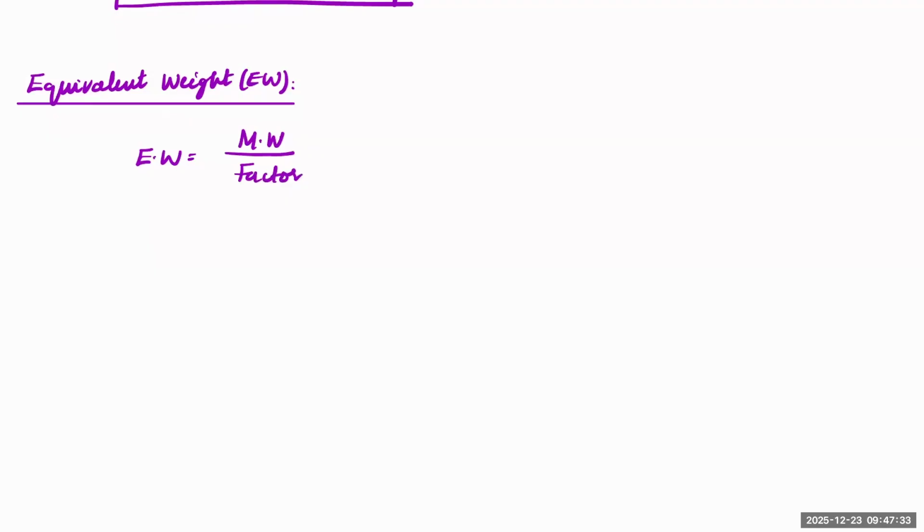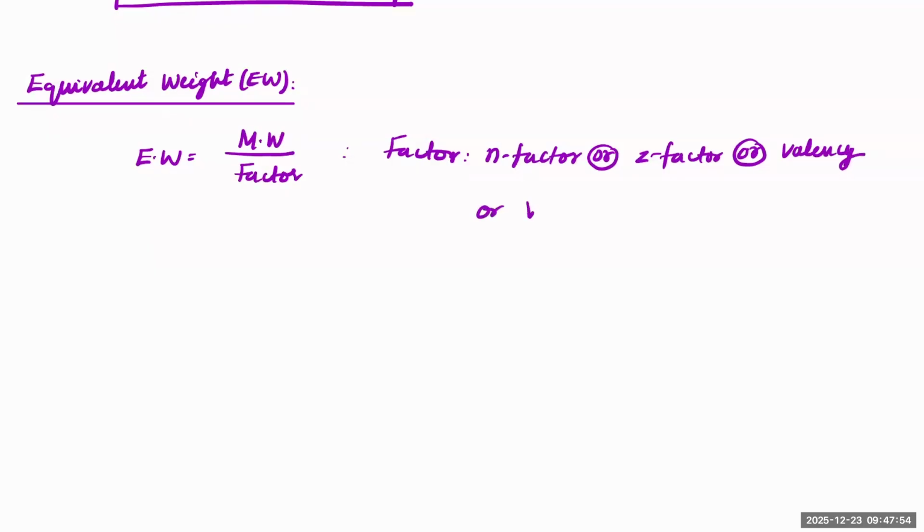Got it? Now this factor has many names. The factor that we use is called N factor or Z factor or valency. You can call it valency or also known as valency factor.